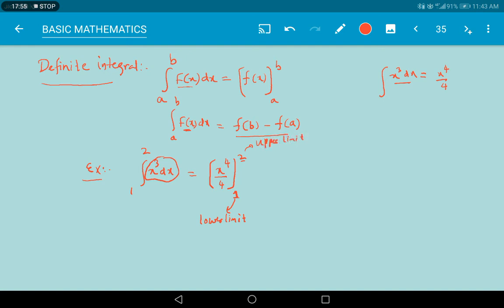Where x is there, in that place we have to substitute the limits. 1 by 4 is a constant, so no need of any substitution. So we have the function x to the power of 4, from 1 to 2.